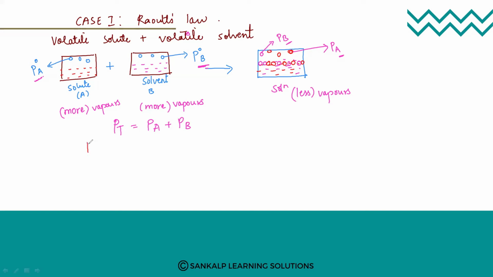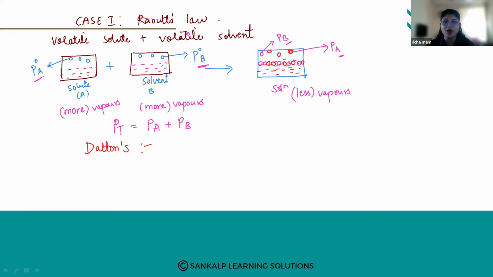So there is something called Dalton's theory, right? So what is Dalton's theory? According to Dalton's theory, okay, the total vapor pressure. So how do you calculate the total vapor pressure? So total vapor pressure is equal to the sum of the individual partial pressures exerted by each component, right?